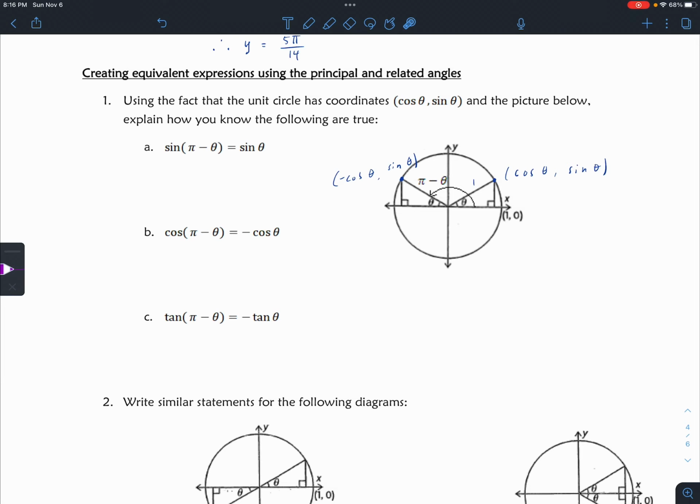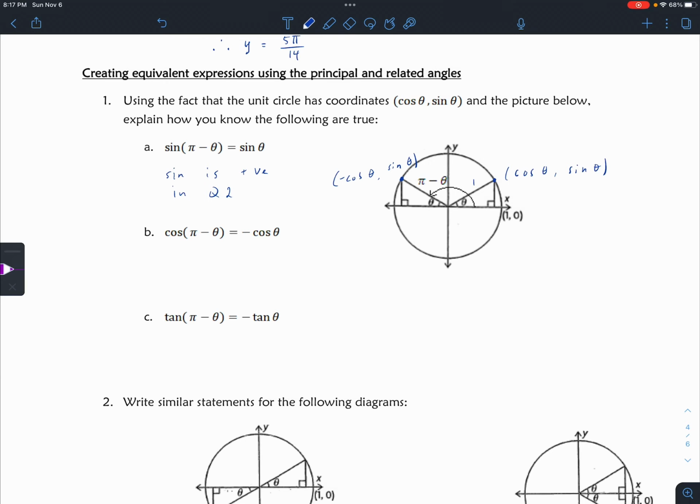And so they're equivalent. We could say sine is positive in quadrant 2. Okay, and that's somewhat of a justification for this.